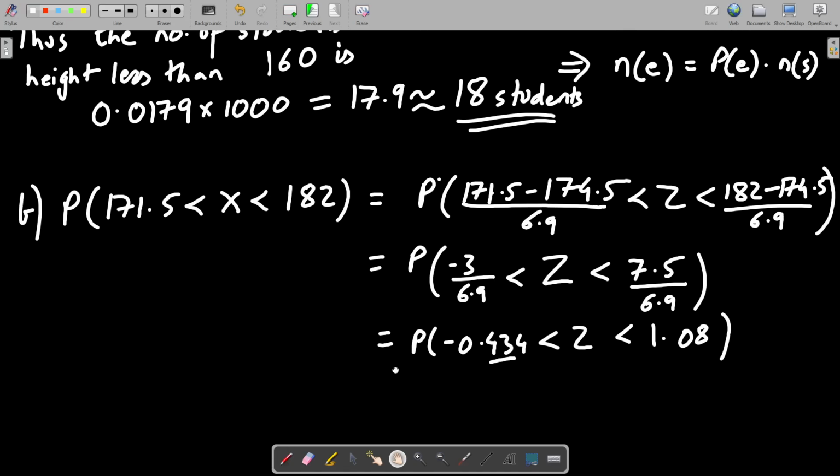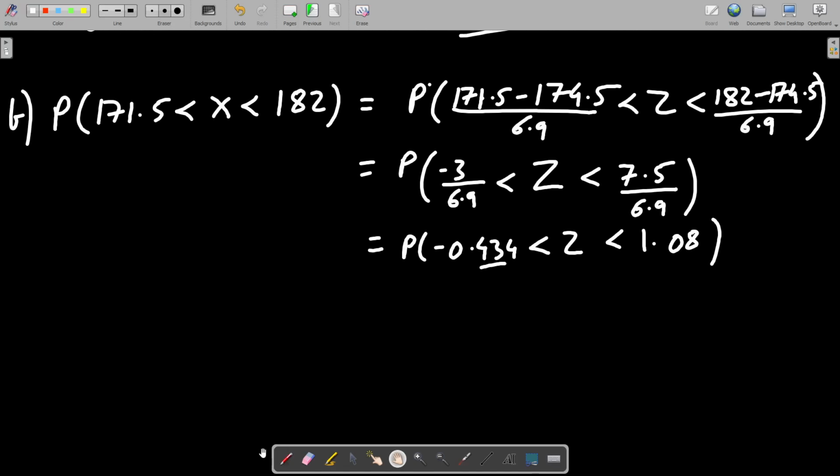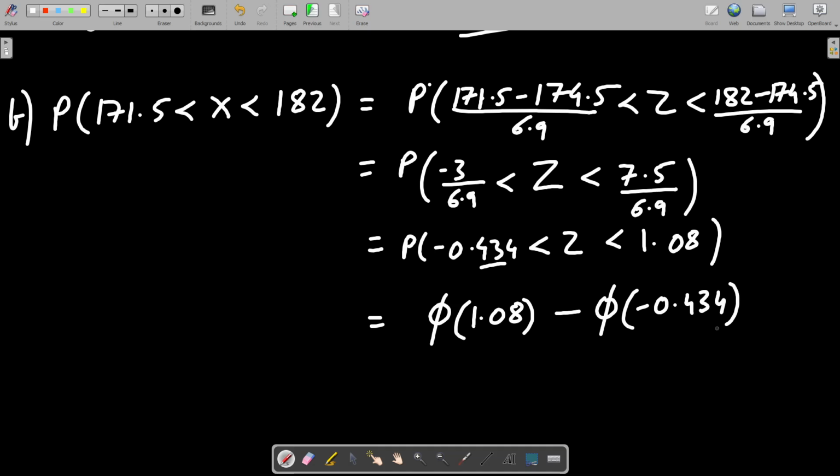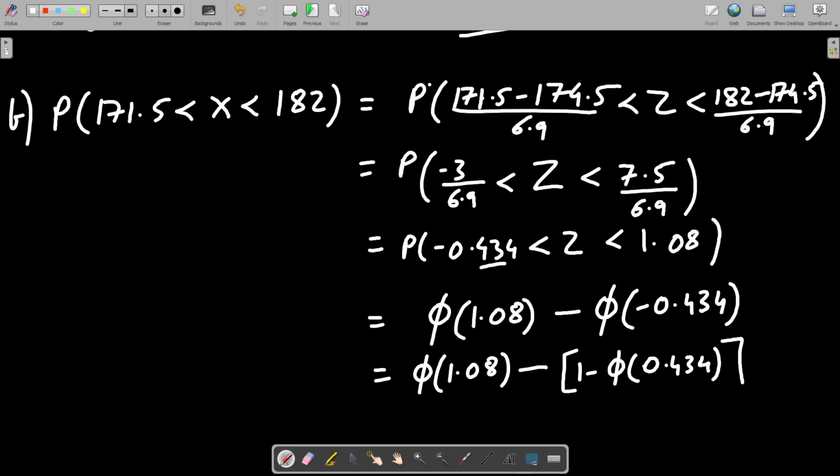So in terms of phi, this should be phi of 1.08 minus phi of minus 0.43. So this will be phi of 1.08 minus 1 minus phi of 0.43.